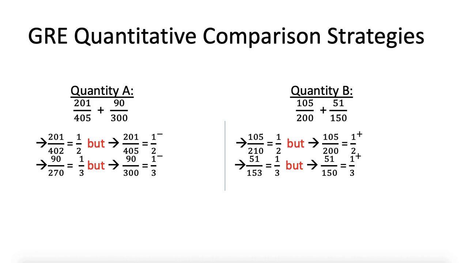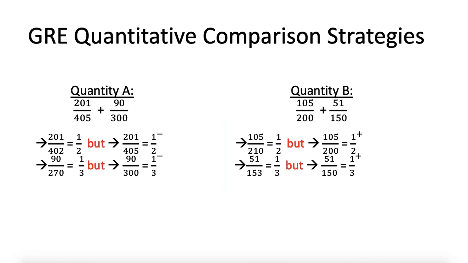On the right side, the second part of quantity B, I have 51 over 150. If I take thrice of 51 in the denominator, that will be 51 over 153, that is 1 over 3, but I have a denominator less than 153, that's why I have a value that is a bit greater than 1 over 3.